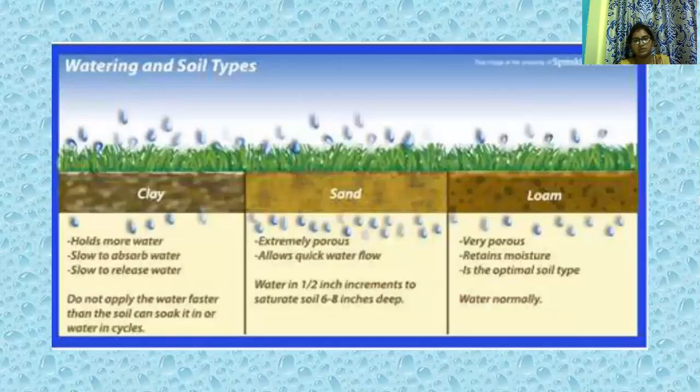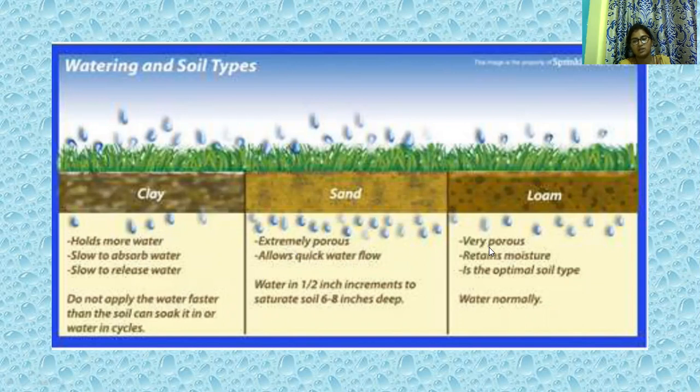Clay soil holds more water, is slow to absorb water and slow to release it. Sand is extremely porous, so infiltration will be more and it allows quick water flow.